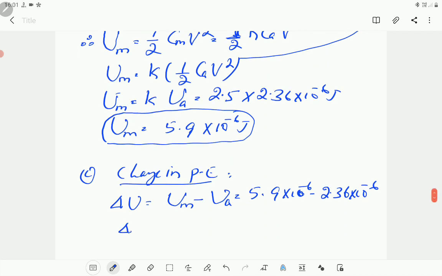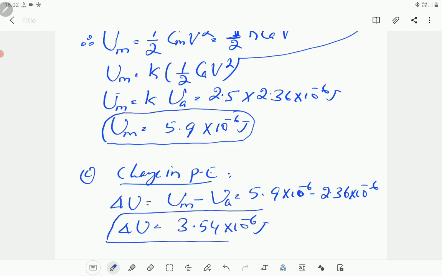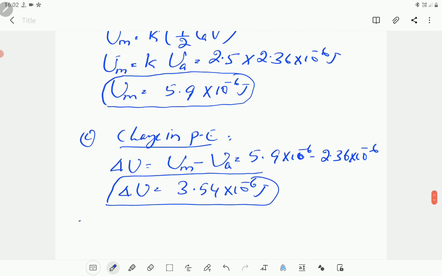So the value of change in energy is 5.9 minus 2.36, coming around 3.54 10 to the power minus 6 joule, the change in potential energy when a dielectric constant of 2.5 is introduced. This way you can practice.